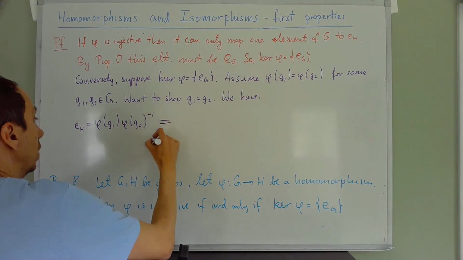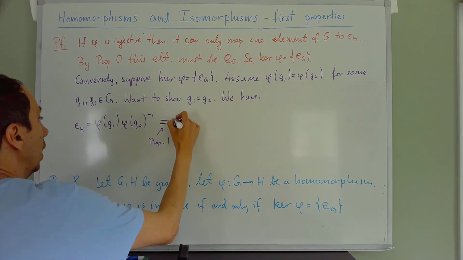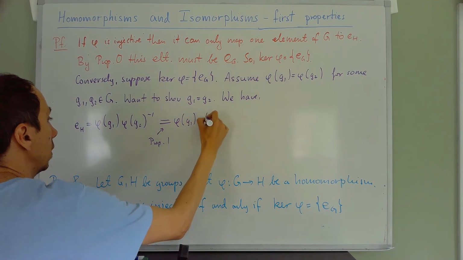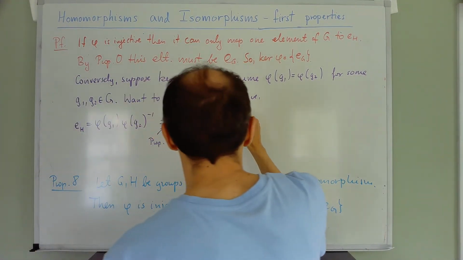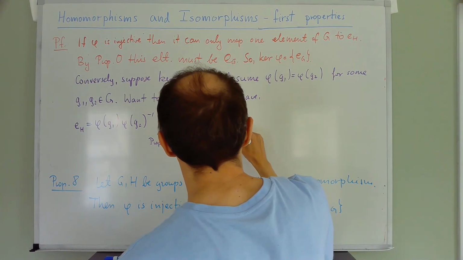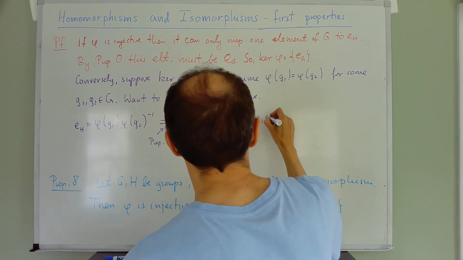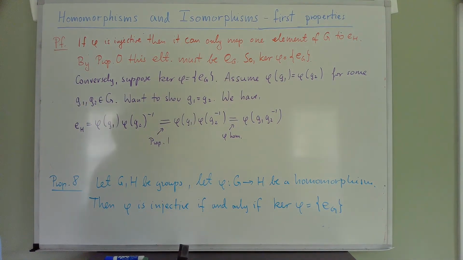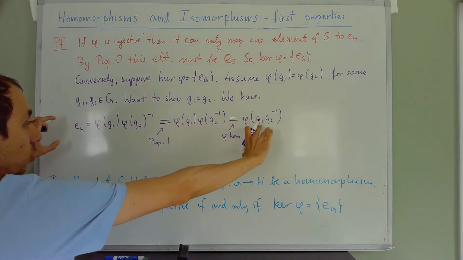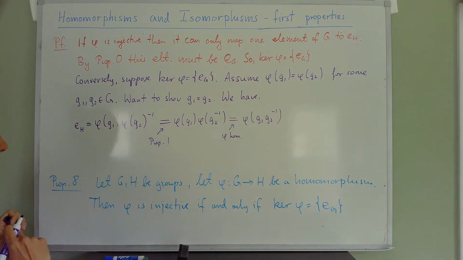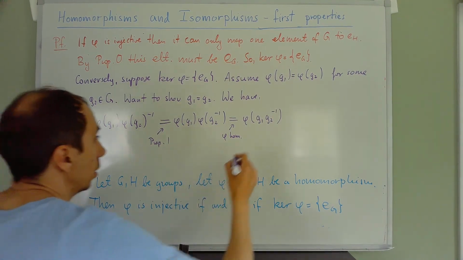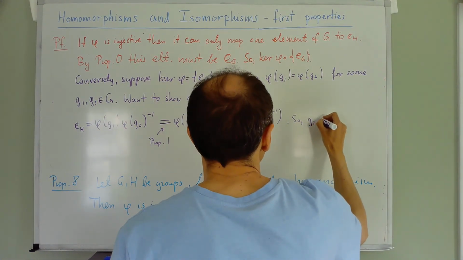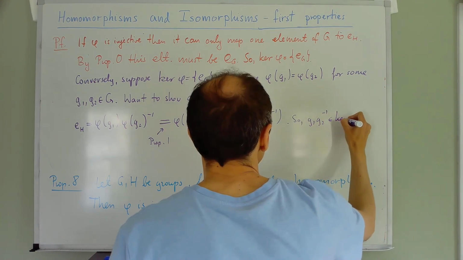Now this, by proposition 1, allows me to put the inverse inside. Now because phi is a homomorphism, I can collapse this expression like that. So look, G1 times G2 inverse is mapped to the identity. But by definition, elements that are mapped to the identity are in the kernel. So G1 times G2 inverse is in the kernel of phi.